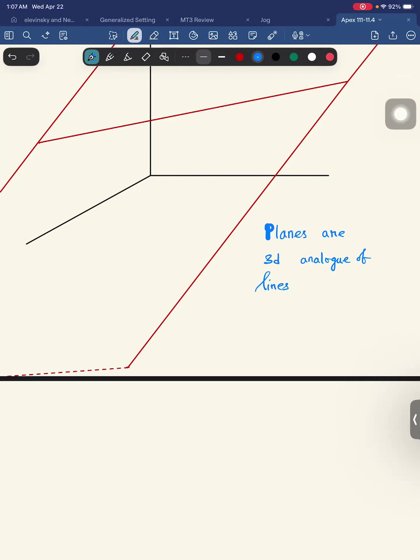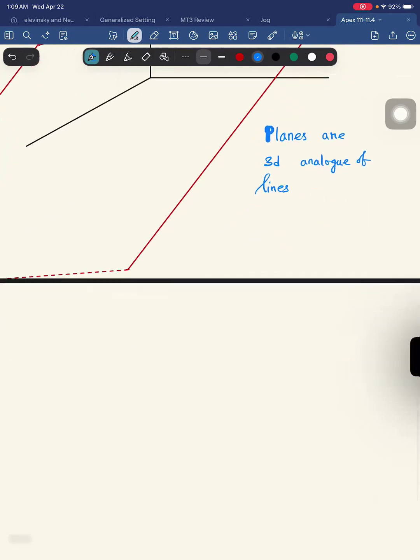I mean, you don't consider your pencil to be a plane, right? Your pencil is just a finite line. What is a plane? Try to think of maybe open ground. So planes and lines are two different concepts in 3D, but yes, the analogous structure of lines in 2D you can think of as planes.